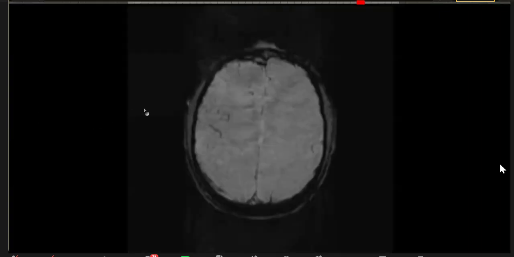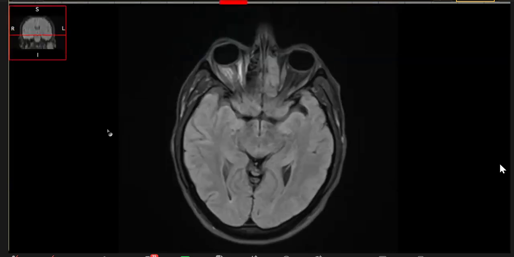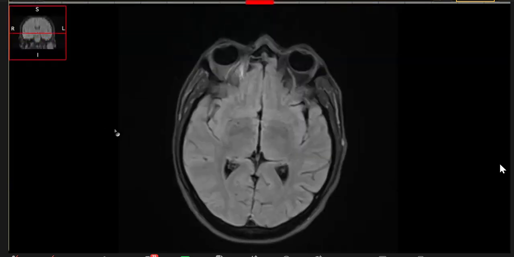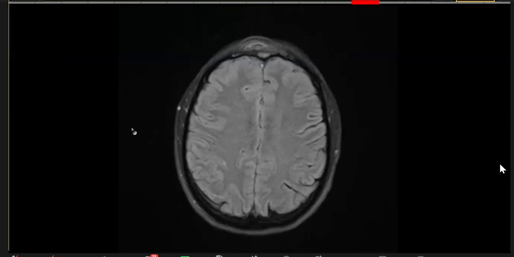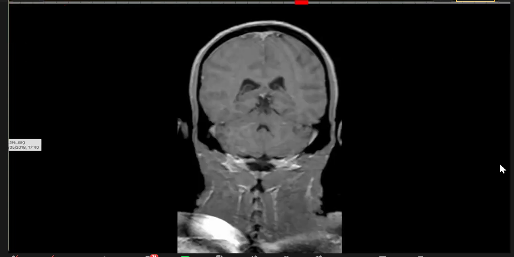So on the FLAIR sequence, this is the FLAIR, we can see this is the sinus and we can see it. Now, candidate did well. We asked for post contrast.